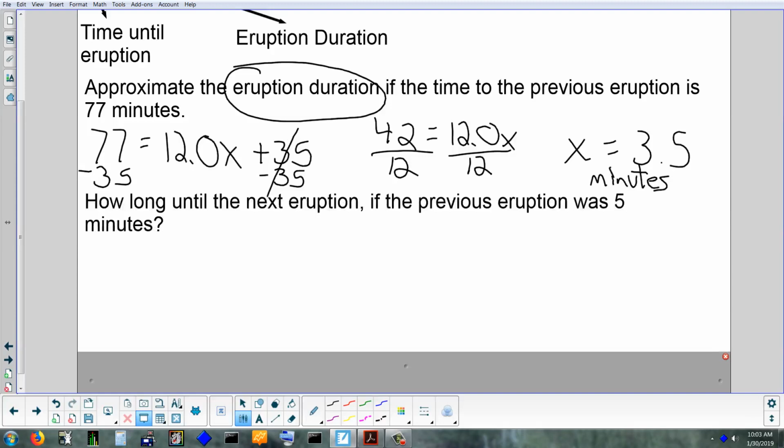Same exact equation, but because this time it gives me the eruption duration. It was 5 minutes. So it's going to be y equals 12, let's put 12. And then parentheses, what number am I going to plug in for x again? 5, good. Plus 35. So 12 times 5 is 100.